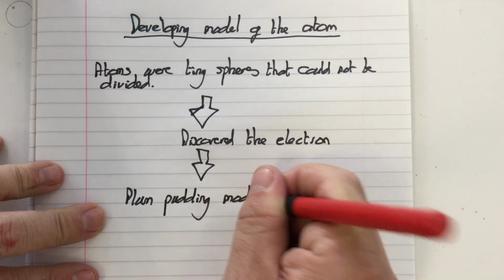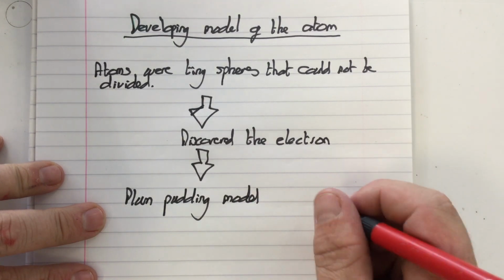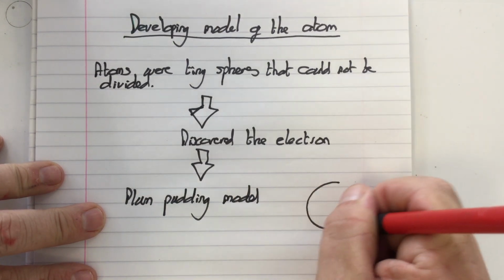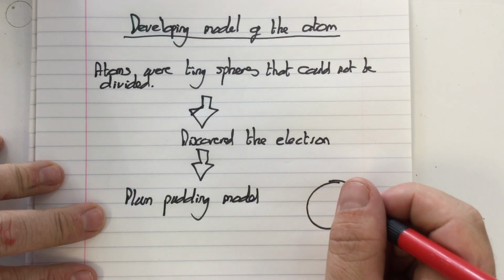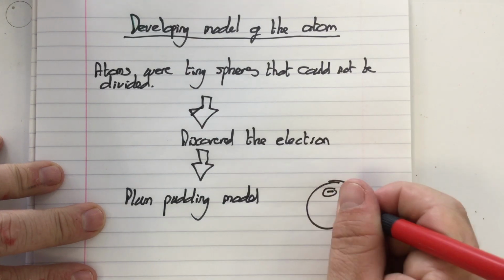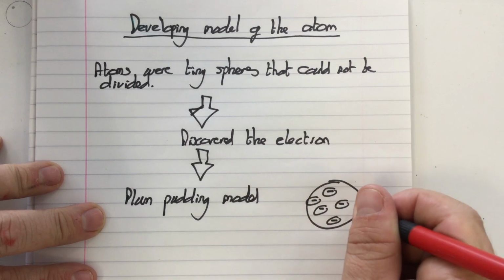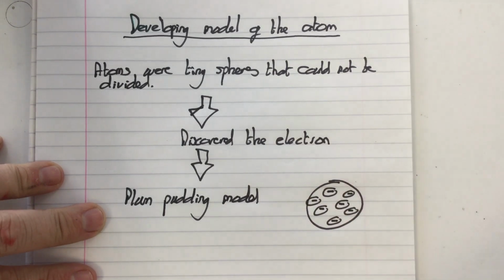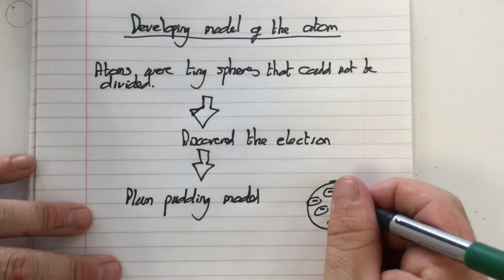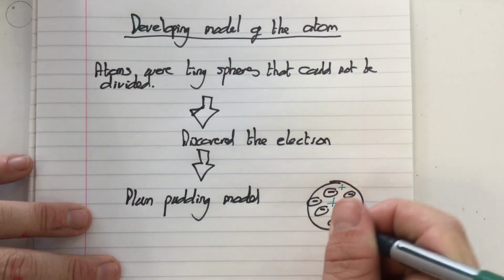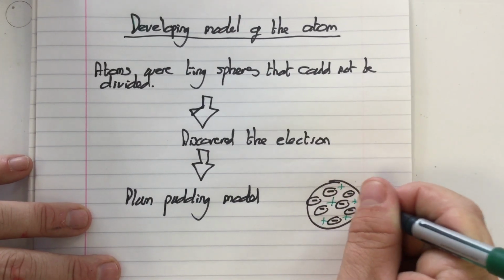That was effectively a circle with areas of negative charge, which were the electrons, but it was all in a positive area.